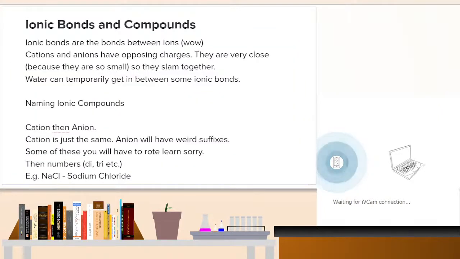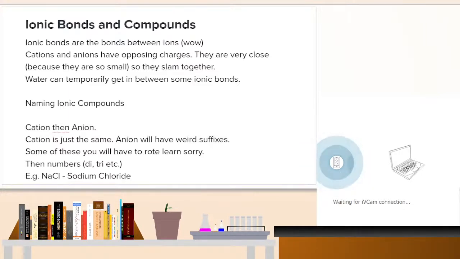Okay, now we talked about that. Ionic bonds and compounds. Ionic bonds are bonds between ions. Oh my goodness, who saw that one coming? Essentially, when you have a cation and an anion, they are oppositely charged. Even though they're super, super small, they can get so close together that when they do, they slam together and form a bond that's quite sticky, because they have these opposite charges.